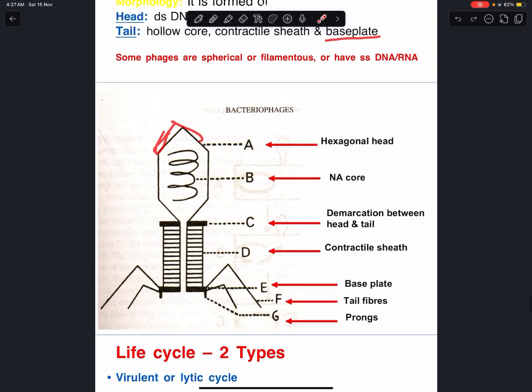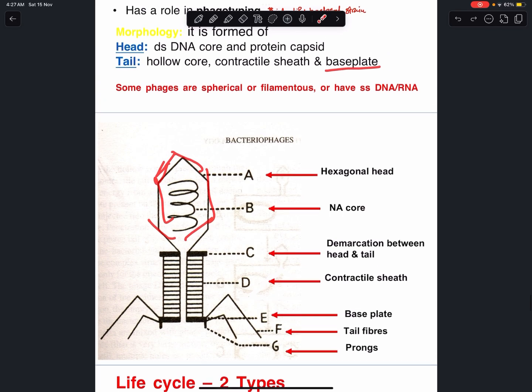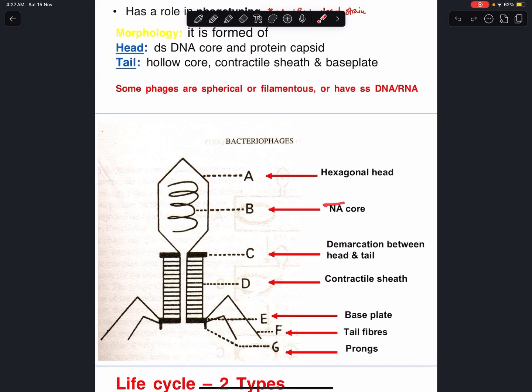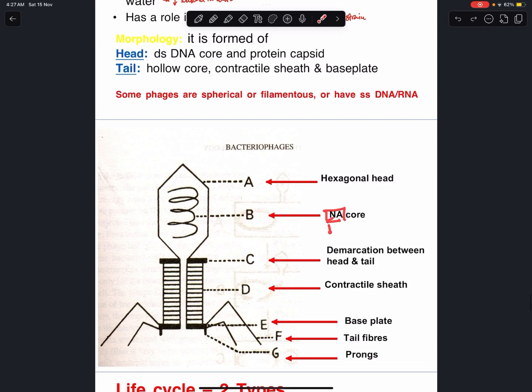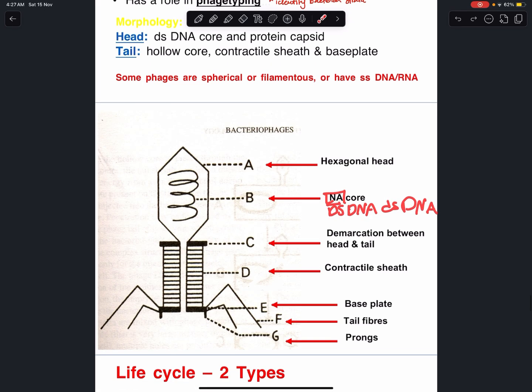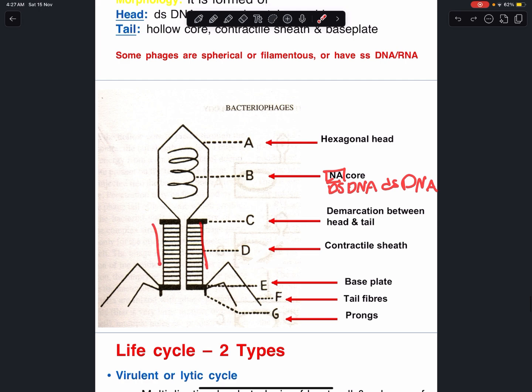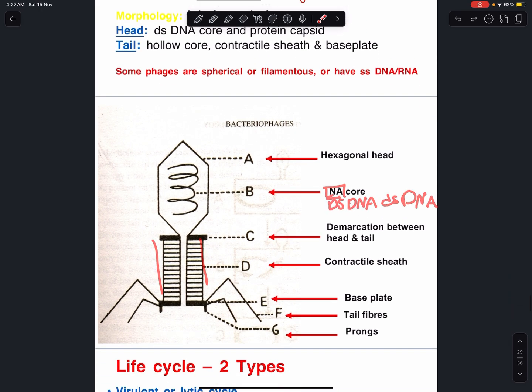Here, the head has the nucleic acid, which is double-stranded DNA. Here we have the contractile sheath, and here is the base plate and the tail.